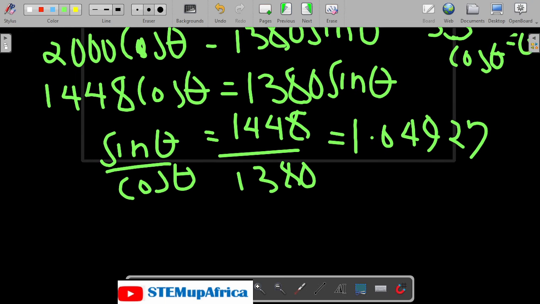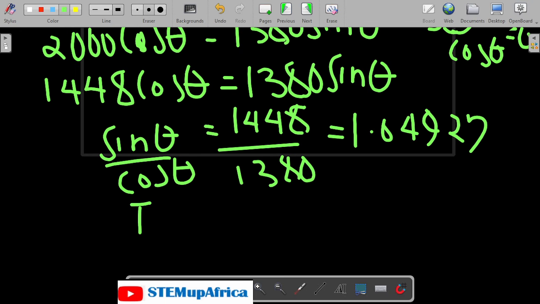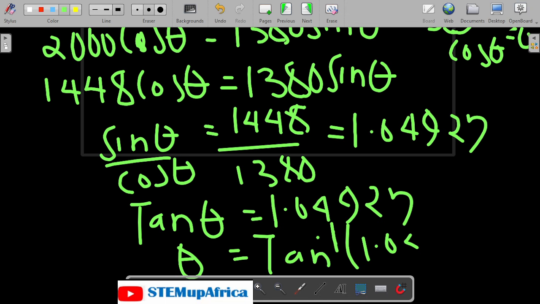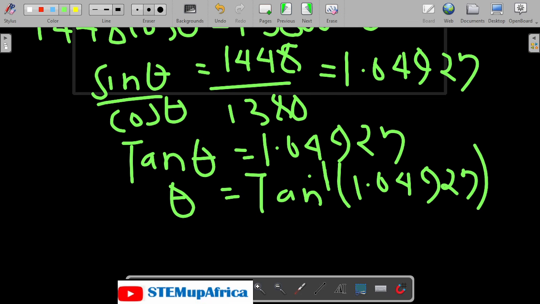But you have to recall that sine theta over cos theta is tan theta, which is 1.04927. So my theta is the tan inverse of 1.04927, which gives us approximately 46 degrees.